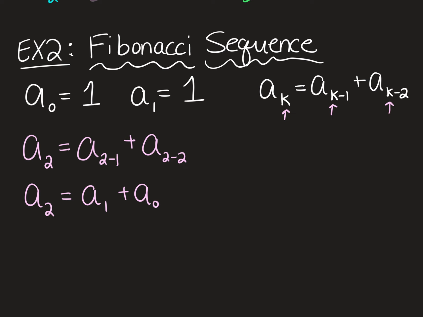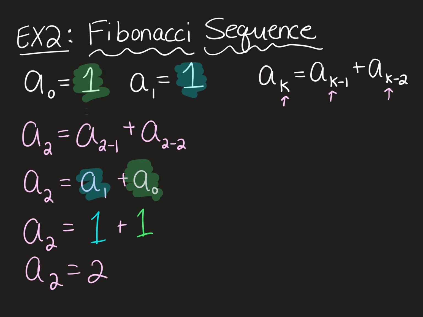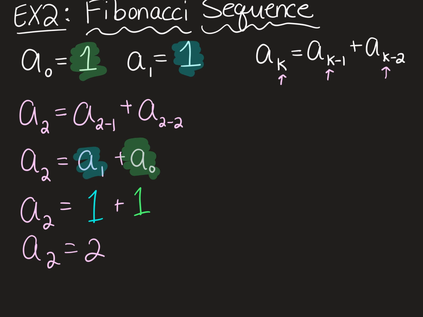A sub 1 is 1, and a sub 0 is also 1. So we're going to be able to just add together the previous 2 terms. To find a sub 2, we're going to take 1 and add it to 1. And that gives us 2.